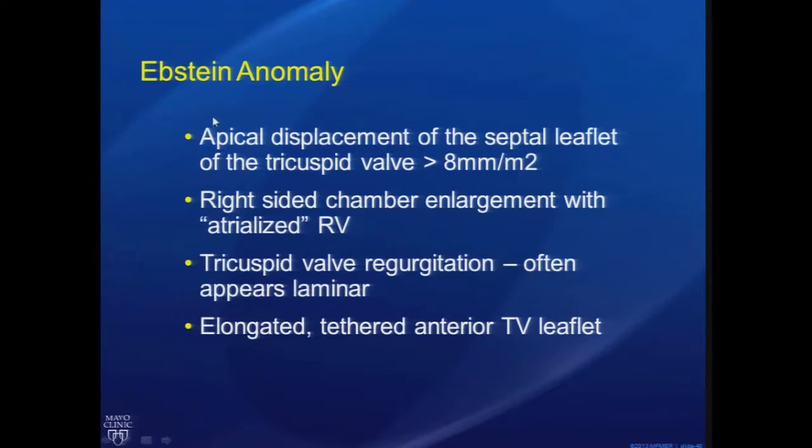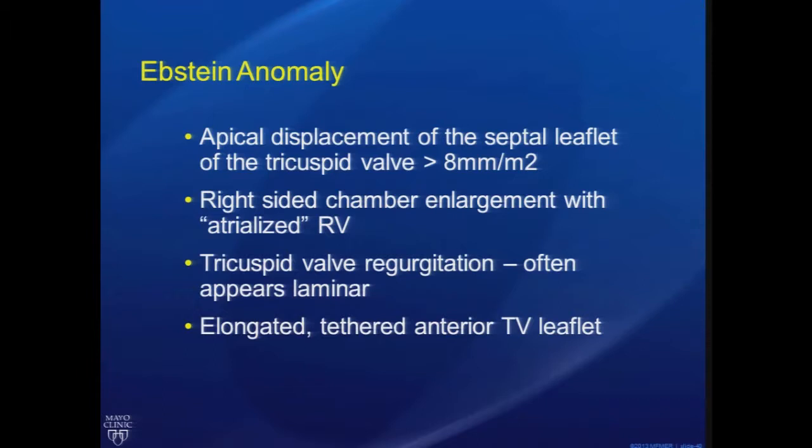And so here are your echo features that you might be tested on, and the things you want to look for is intense apical displacement of the septal leaflet of the tricuspid valve, not just the normal offset, but more than 8 millimeters per meter squared of body surface area is a definition.